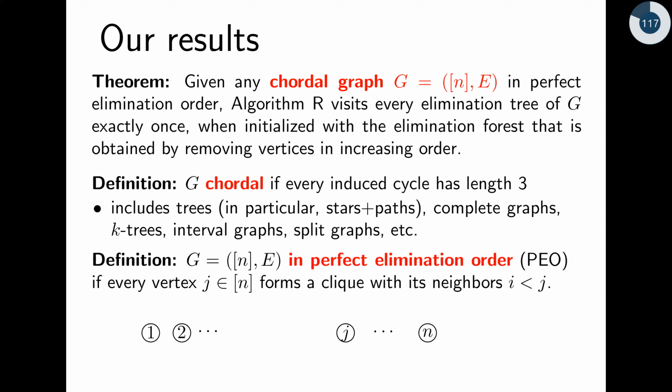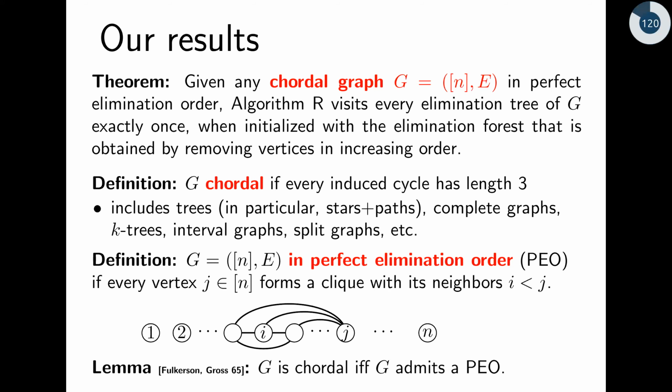Yeah, so if I have this linear order, I look at the vertex J, I look at all the neighbors that have smaller labels, then they must induce a clique. And if this is true for every J, then this is a perfect elimination order. And that's a well-known theorem, a very old one, a very well-known characterization of chordality, that the graph is chordal if and only if it admits such a perfect elimination ordering. Okay, so this is basically the definitions that should allow you to understand this theorem.